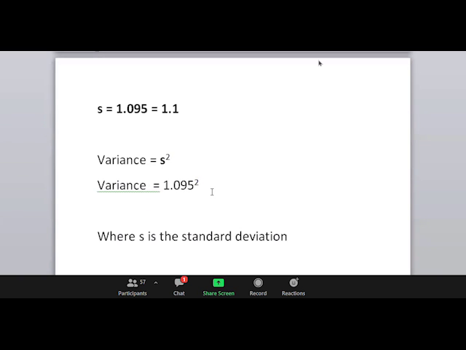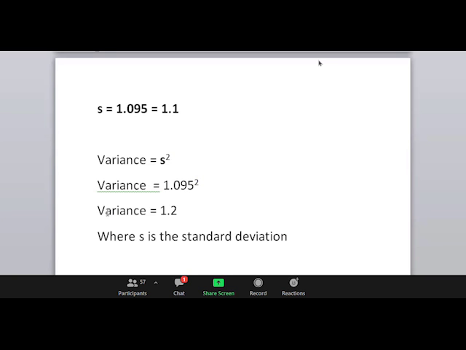So our variance will be equal to 1.2. Are we together?